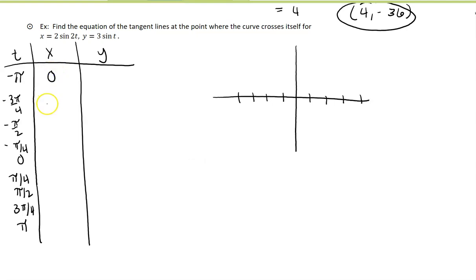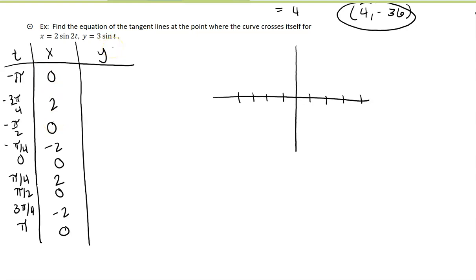At negative 3 pi over 4, I'm going to get 2. At negative pi over 2, I'm going to get 0. At negative pi over 4, I'm going to get negative 2. The 0 will give me 0. Pi over 4 will give me 2. Pi over 2 will give me 0, because it's going to be 2 times pi. 3 pi over 4 will give me negative 2, and pi will give me 0. So this has that bouncing back and forth oscillating behavior that you expect.